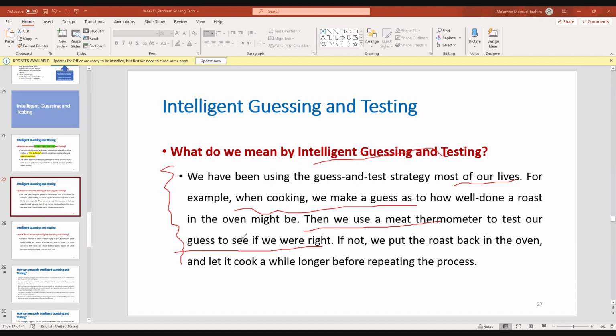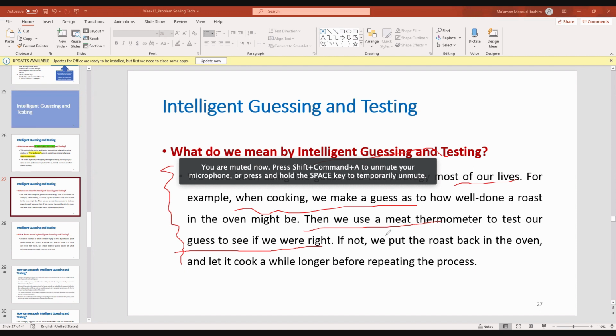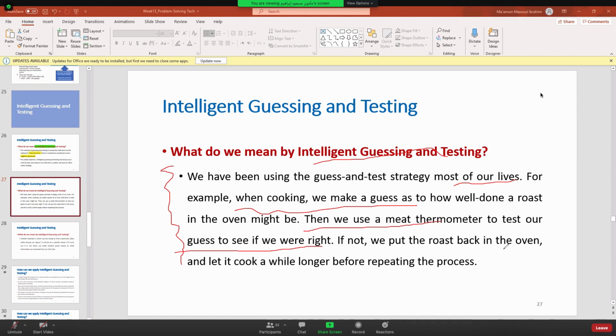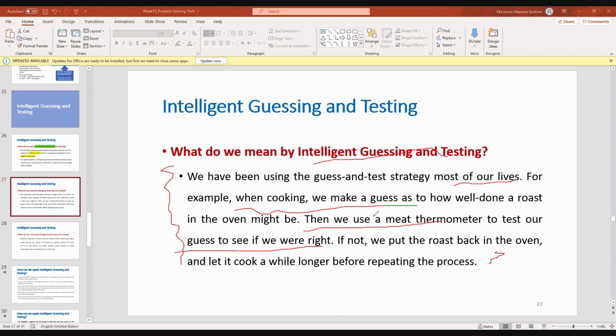You will check the meat every time, take it from the oven and see the meat, then put it back. Based on that, you will specify the correct temperature for this meat, يعني الحرارة المناسبة للميت هذا. There are a lot of examples of using guessing and testing in our life. Cooking is one of the examples.